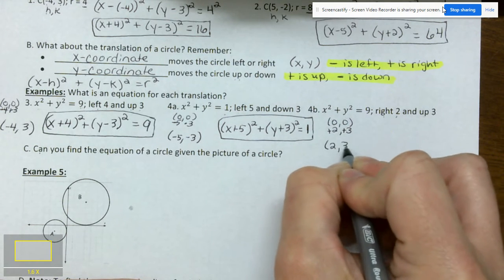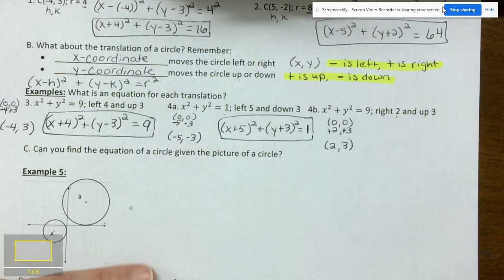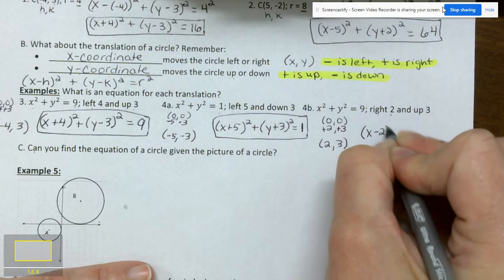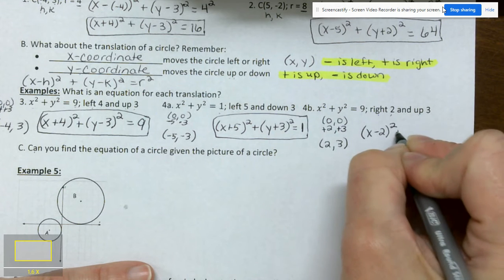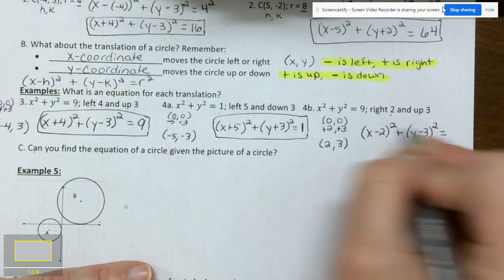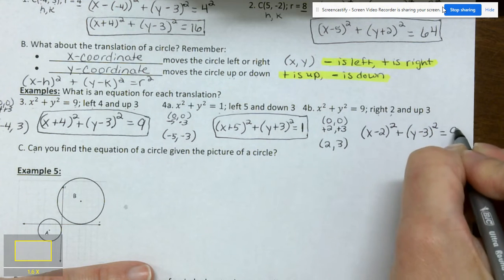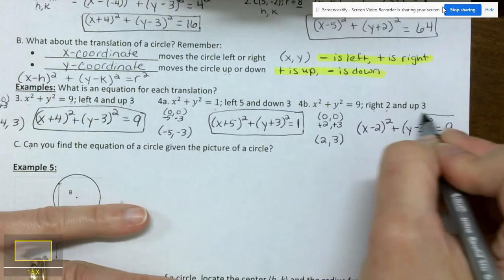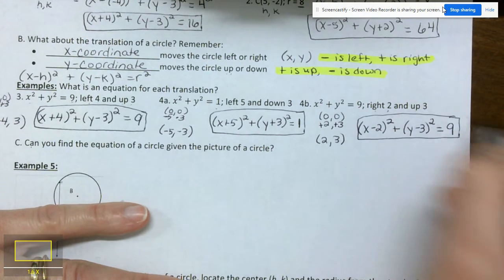That means my center is going to be at 2, 3. So our equation is going to be x minus 2 squared plus y minus 3 squared equals our radius squared, 9. And this would be our answer for that one.